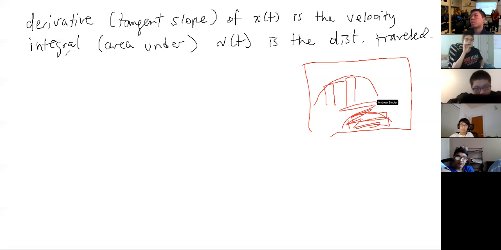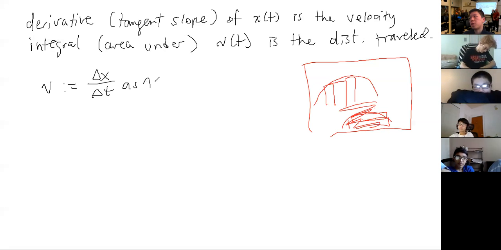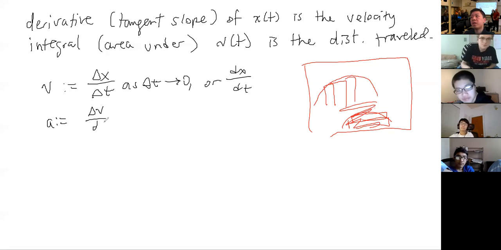So in the same way that velocity is the tangent slope of position, delta x over delta t as delta t goes to 0, or dx/dt, we can also define acceleration as a change in velocity. So this is instead dv/dt.